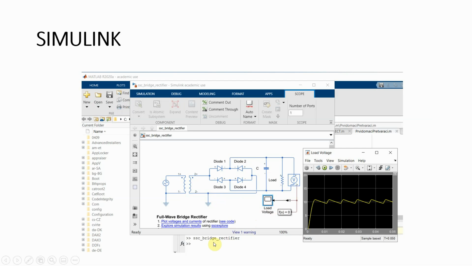I wrote this command in the MATLAB platform, which is for one of the default examples from MathWorks: the SSC bridge rectifier, a full bridge diode rectifier with an RC circuit. So you see that for the full bridge we can see the waveform and create everything, so it's good for practicing.